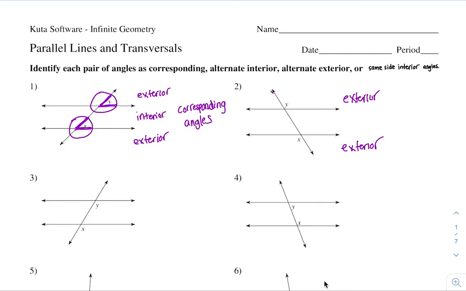But here's the transversal. This X is on a different side of that Y. So as a result, this is going to be alternate exterior angles. And just remember, alternate exterior angles are congruent.